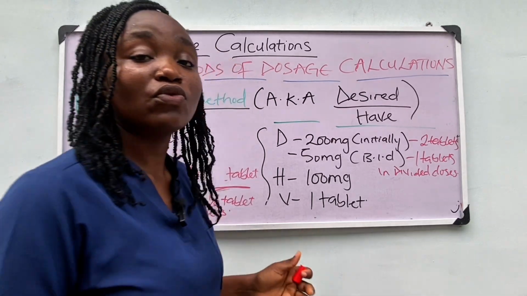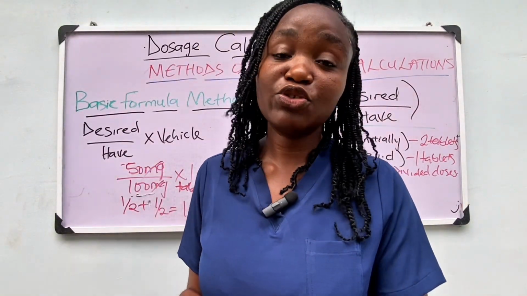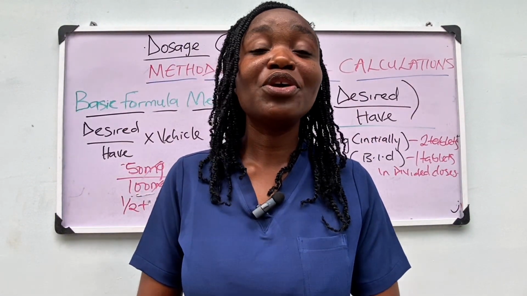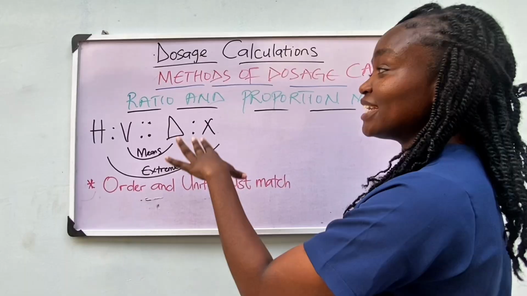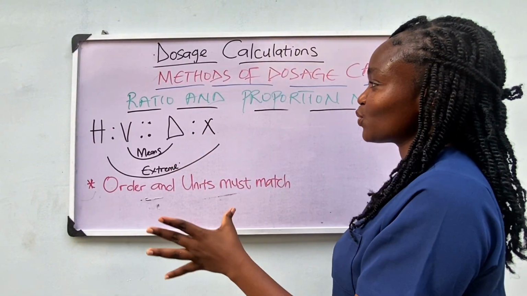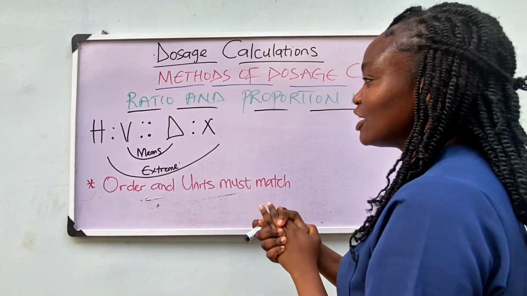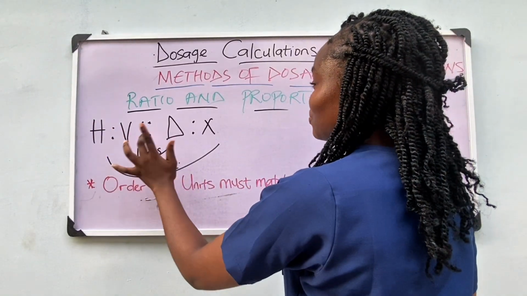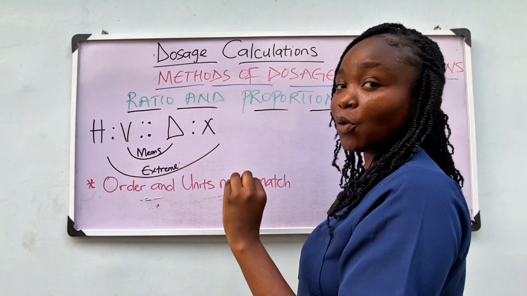Now we're going to move to the next formula for solving dosage calculations, which is the ratio and proportion method. I want you to notice something from the formula. You can see that we still have the basic things that we saw in the basic formula method.